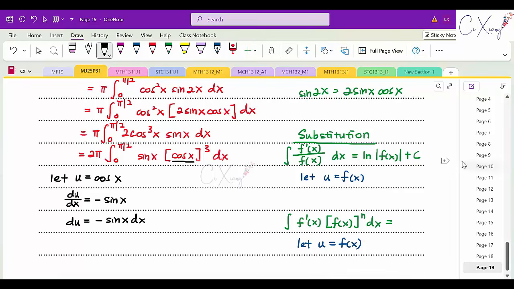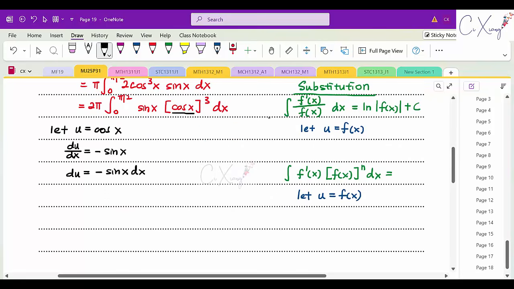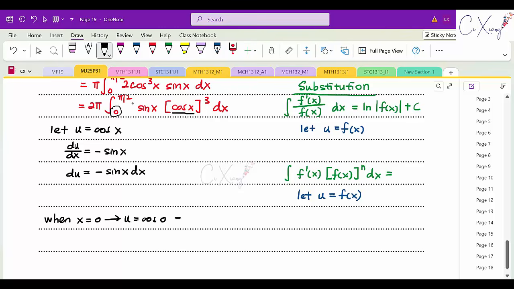For the substitution, besides the equation, I also have to change the limits, remember? All these values here are the values of x. So when x equals 0, what happens to the value of u? The u will become cos 0, which equals 1.